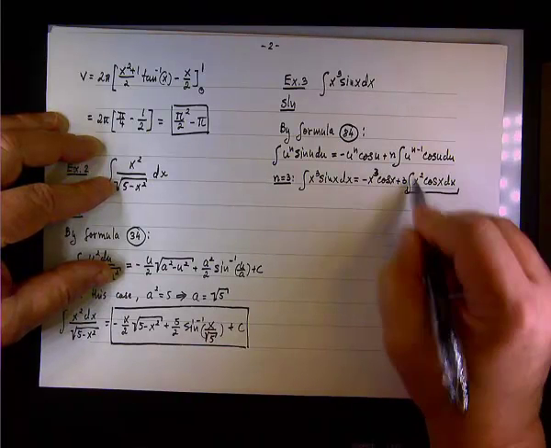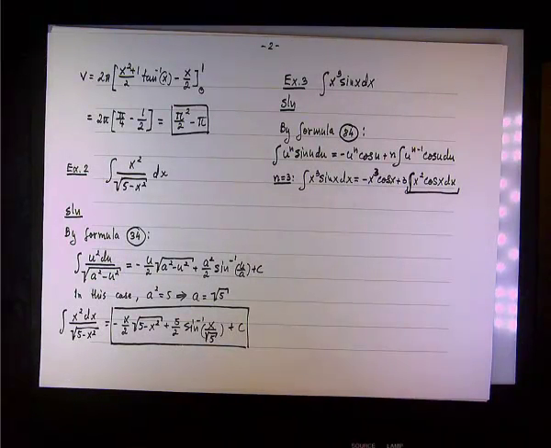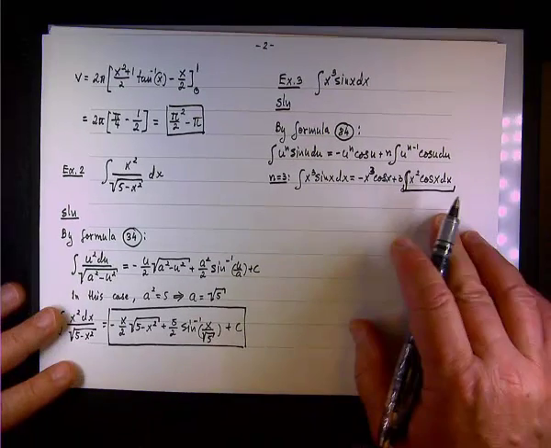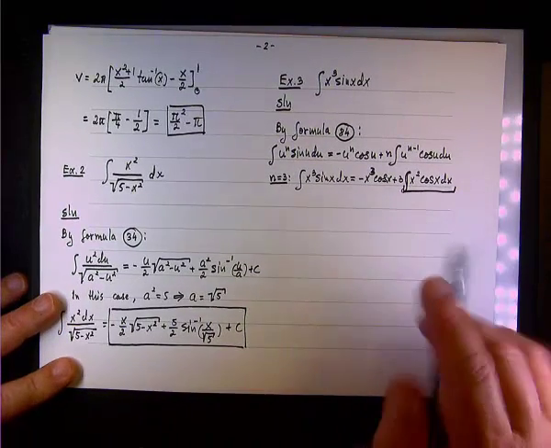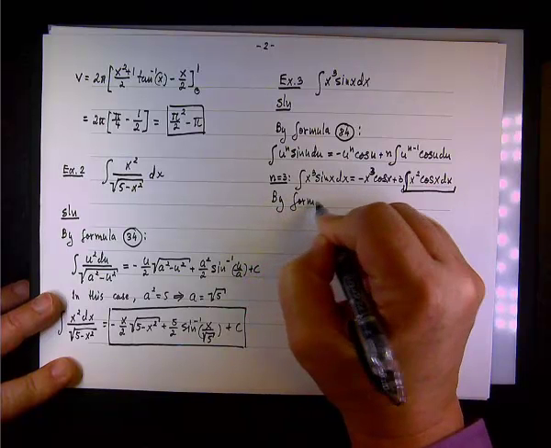So now we need to deal with this integral. We don't have to worry about the 3. We'll take care of it at the end, later on. We'll put everything together. So which formula is going to help us here?